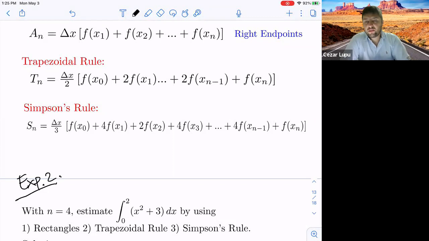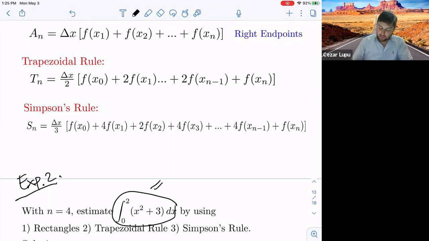Which one do you think will approximate our integral the best? The first one, the second one, or the third one? Maybe Simpson, right? Because it's a combination. It takes what's better in both of them. So maybe yes, that would be a good guess. All right, but first let's compute this integral. Then we'll see which one gets closer to the exact value.